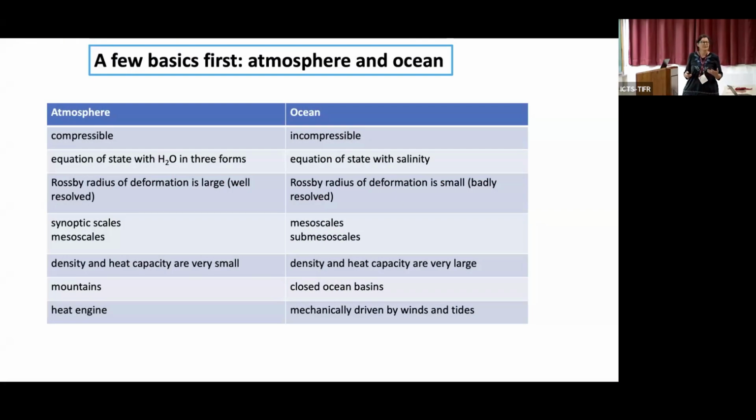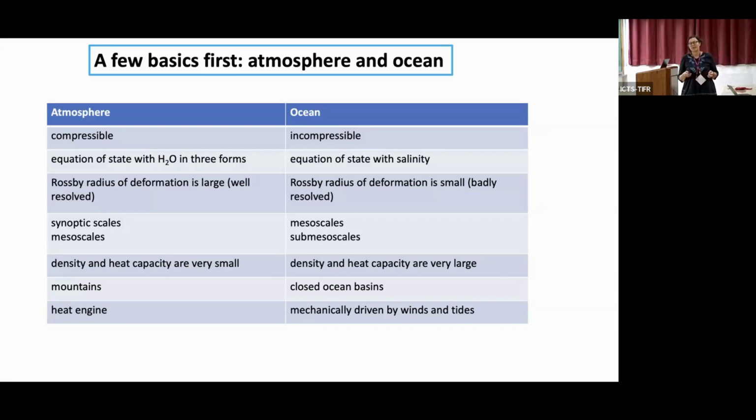Okay, I'm going to start with basics. So let's compare atmosphere and ocean again. The atmosphere is compressible, whereas in the ocean, the Boussinesq approximation is quite a good approximation. Of course, in the atmosphere, we have the equation of state with H2O in 3 forms, and in the ocean, of course, we have salinity.